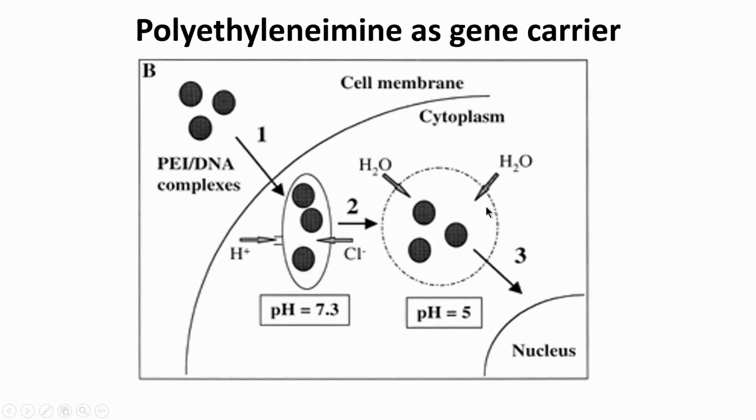So, here is just a pictorial representation of what was just said. Instead of having a DNA molecule which is negatively charged and is not going to go through the membrane, you have now formulated it in a particle where all this DNA is making the particle along with the PEI, and this can then be taken up through endocytosis.